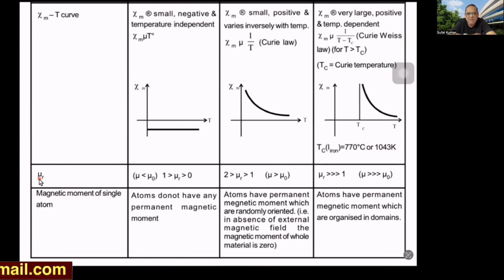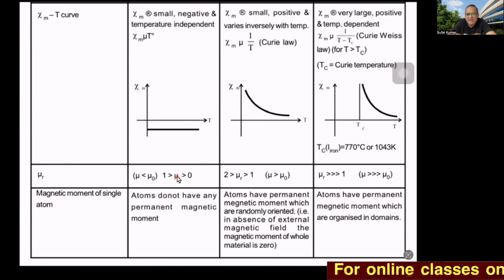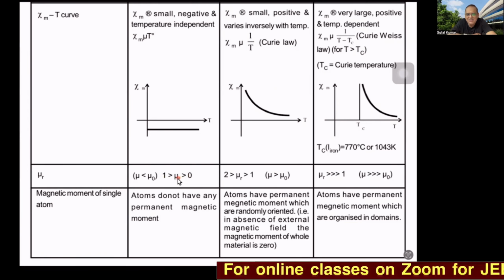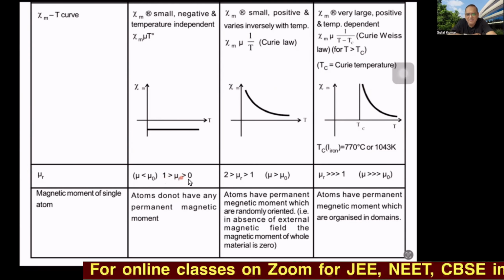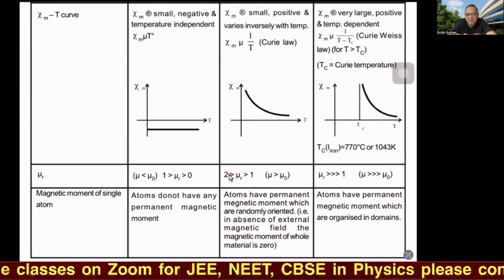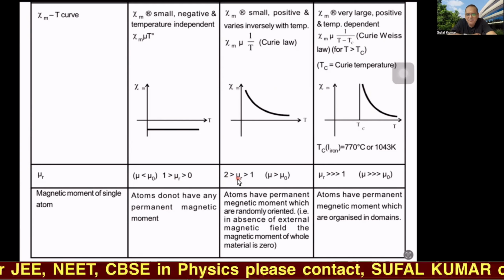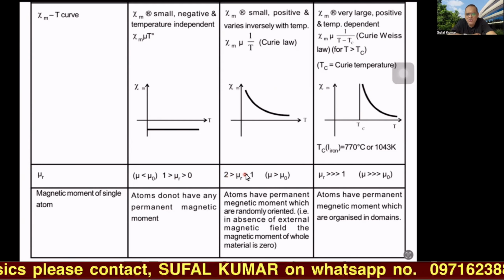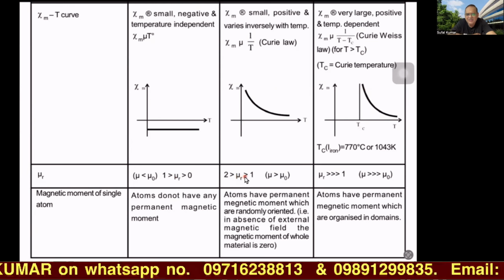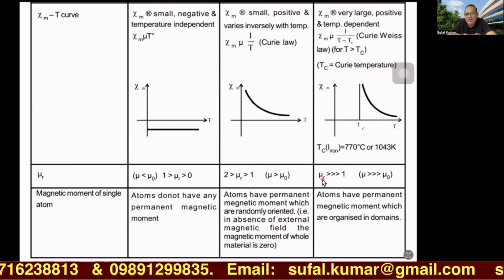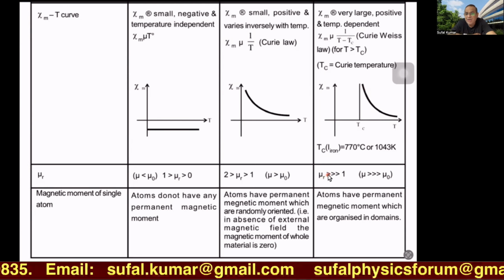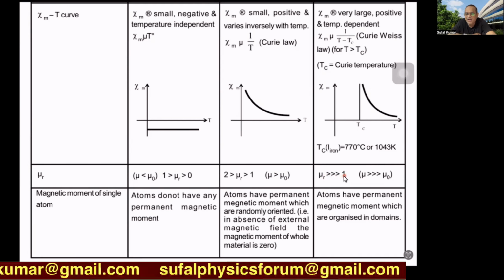Now the fourth parameter, that is relative magnetic permeability. For diamagnetic, it lies between 1 and 0, right? That means it must be more than 0 but less than 1. Here for paramagnetic substances, permeability lies between 2 and 1, and for ferromagnetic, relative magnetic permeability is very large as compared to 1.